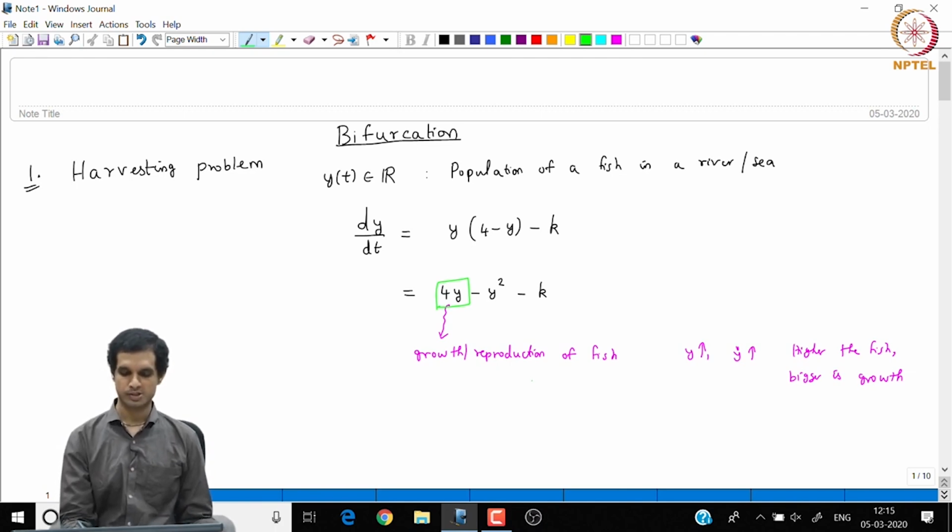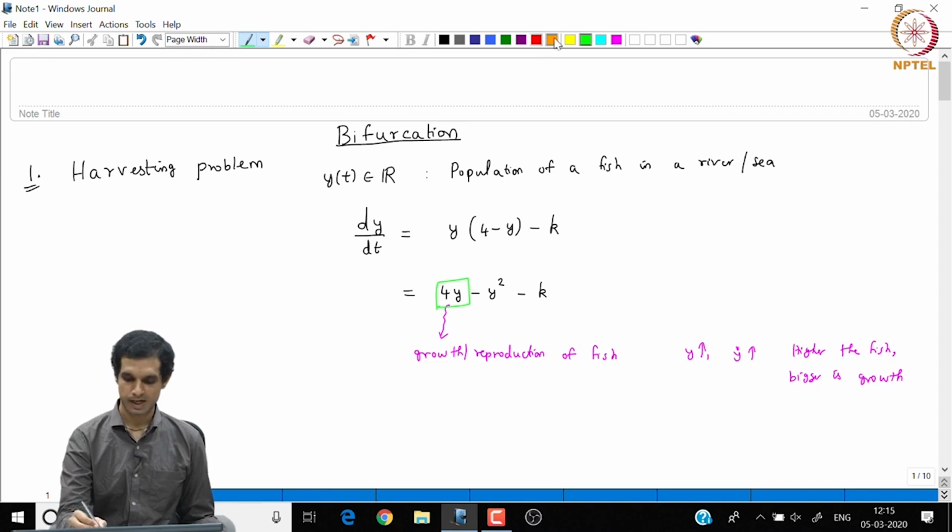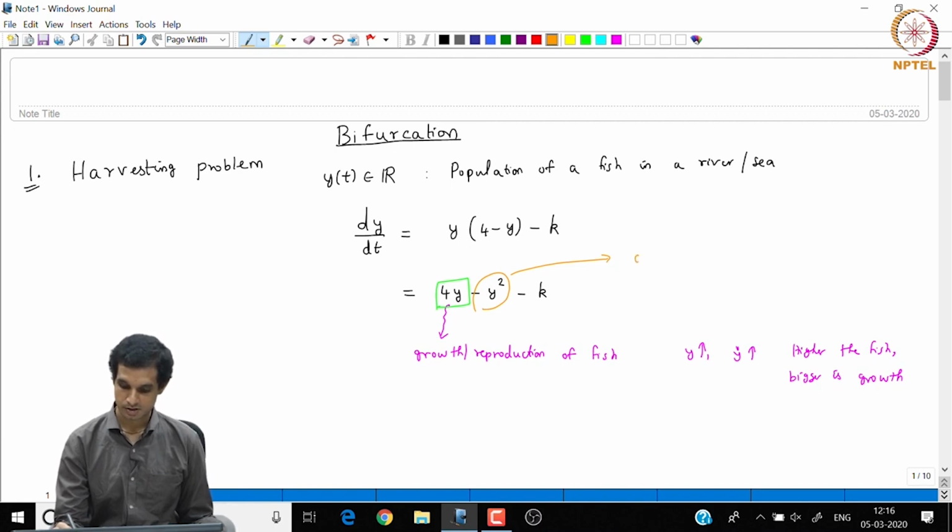As the fish population increases, we cannot keep on growing to infinity. There should be another term that reflects competition or space constraint or some other food competition when the population is very high. So, we have another decay term, minus y square, that captures the deaths due to competition or space constraint.